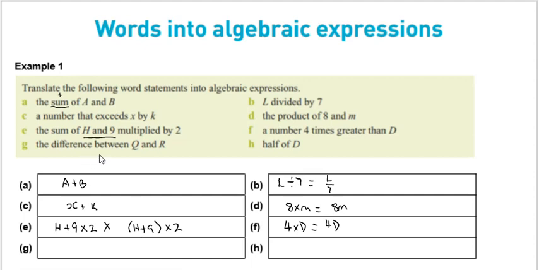The difference between Q and R, the difference is subtraction, so it's Q minus R. And the last one, half of D, well, we can write that as a half times D. And you can write it as a half D, that's okay. I would prefer to write it as D over 2.